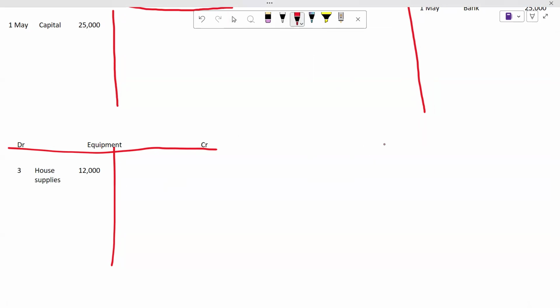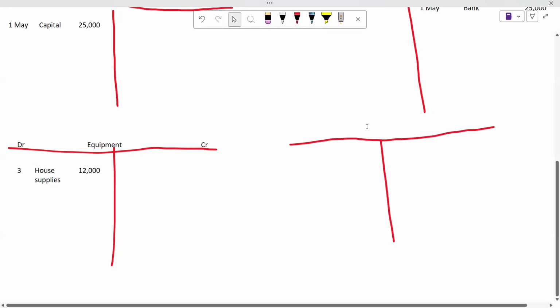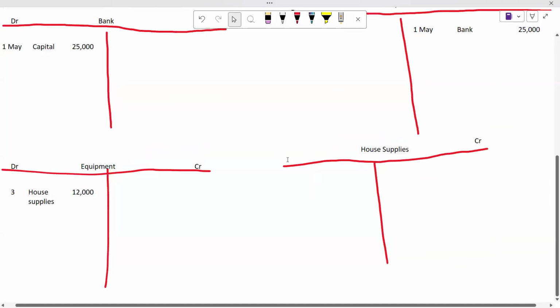Let's create another account for the house supplies. Stick here because this is important. House supplies, because from here we are going to learn how to balance these accounts, and then we're going to move to how the trial balances are created.